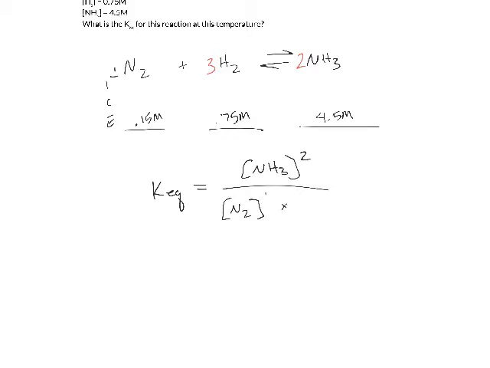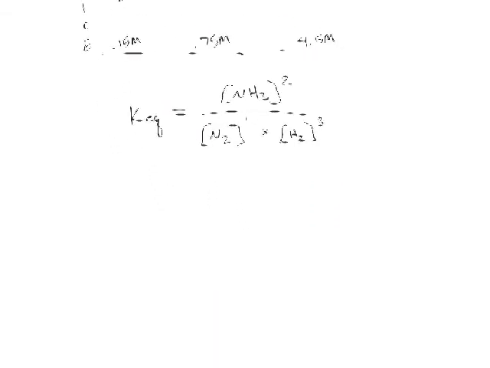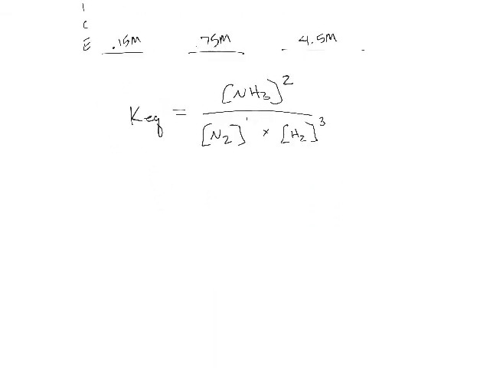And then in the denominator still, you have to multiply it by the equilibrium concentration of hydrogen to the third power. Since these values are given in the problem above, all we need to do is plug in the numbers that are given and solve for the Keq.